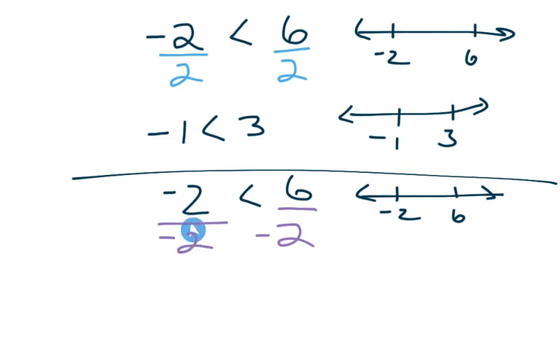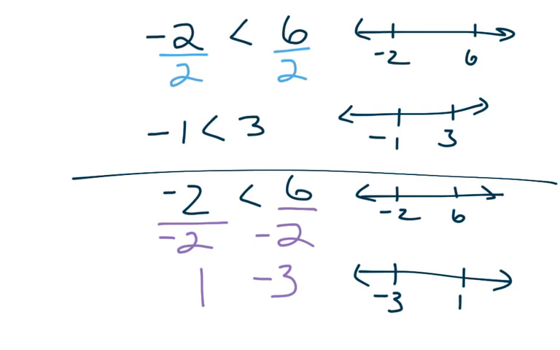So negative divided by a negative gives me a positive, and a positive divided by a negative gives me a negative. And now look at what those numbers are. Instead of getting -1 and +3, which is what I got when I divided by a positive, dividing by that negative has flipped them around over to the other side. And so now I have a -3 and a +1.